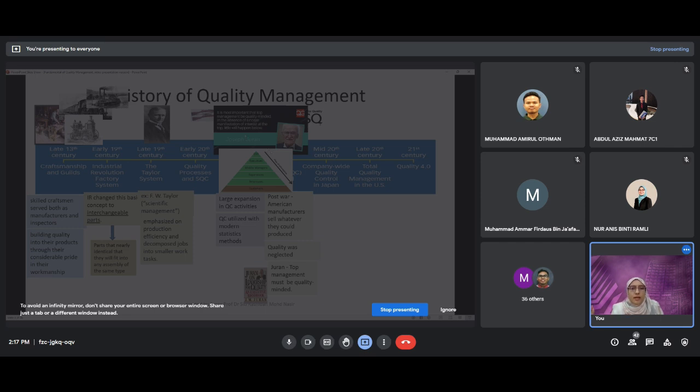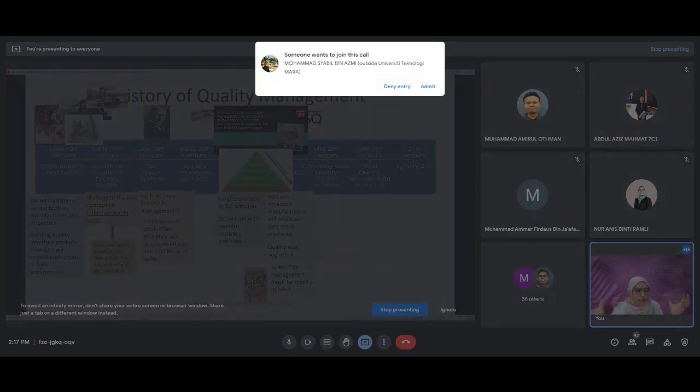It means the top management must create a quality environment, ensure that the subordinates have quality knowledge, and motivate them to produce quality products.